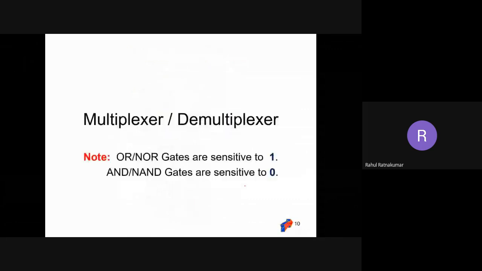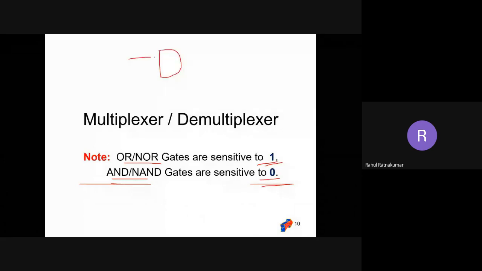Now we start with multiplexer and demultiplexer. Before that, we should know that OR and NOR gates are sensitive to 1, and AND gates are sensitive to 0. Why am I saying this? Suppose I have an AND gate and I give an input of 1.